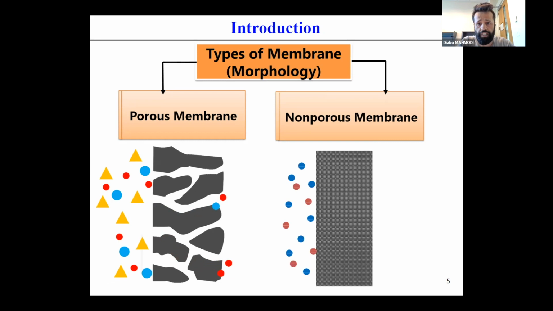For non-porous, this is a very dense structure, and we use non-porous membranes just for gas separation. For water and wastewater treatment using membrane technology, we want to focus on porous membranes. Porous membranes are mainly used for water and wastewater treatment.